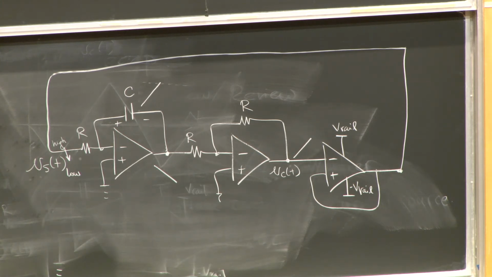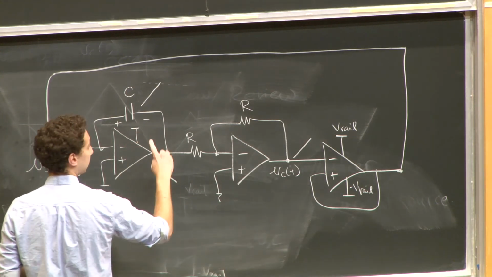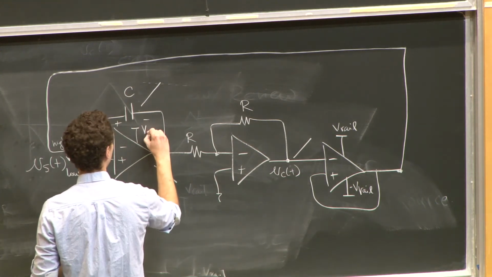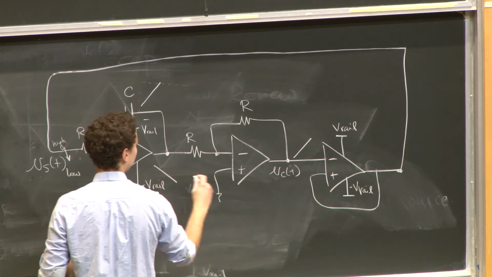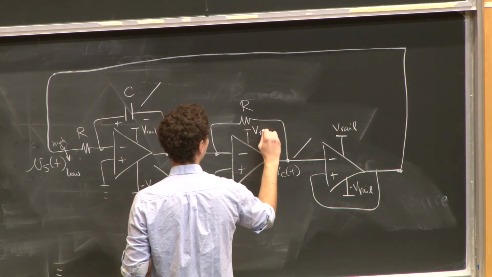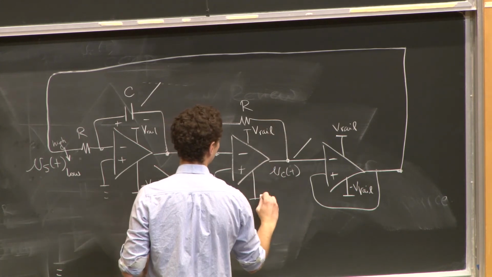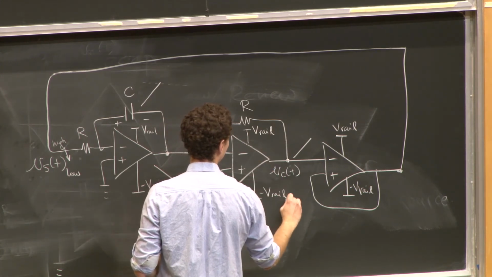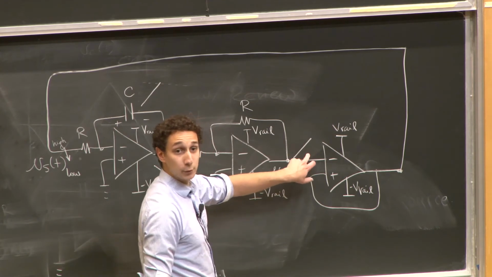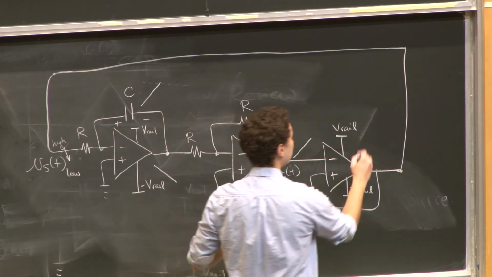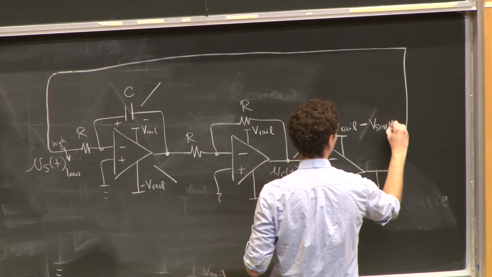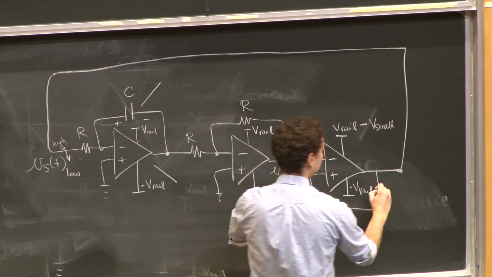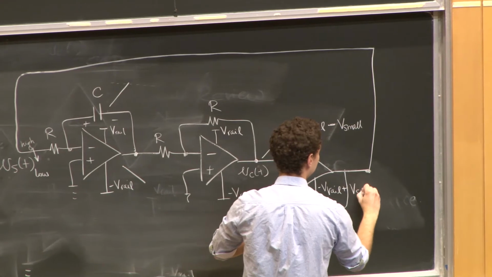What would happen if we made it so that these two op-amps, not comparators, they're in feedback, had the same rail? Here we have V rail and minus V rail. And here, instead of using that same voltage supply, I have some V rail minus some small voltage, V small. And here I have minus V rail plus some small voltage V small.